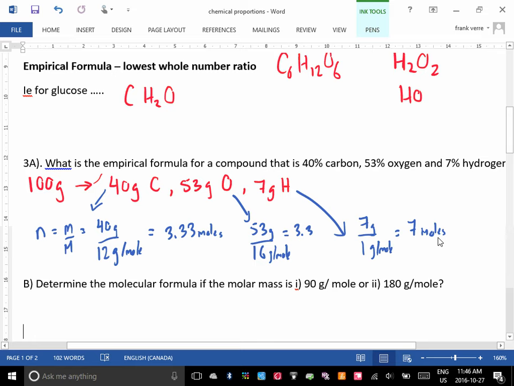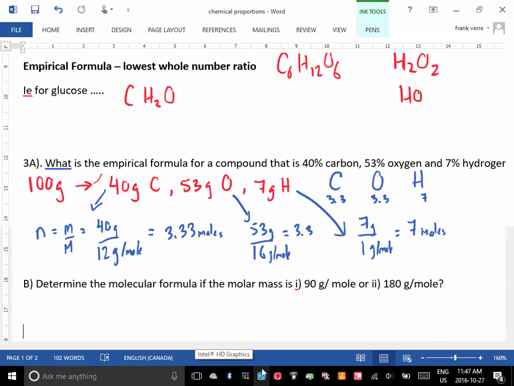Again, these numbers are rounded off, but 7 is almost twice as big as 3.33. In fact, 7 would be twice as big as 3.5. So the ratio, if I divide everything by 3.3: I have carbon, oxygen, and hydrogen, and carbon is 3.3, oxygen is 3.3, and hydrogen is 7.